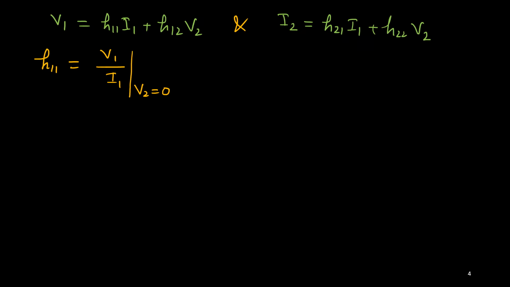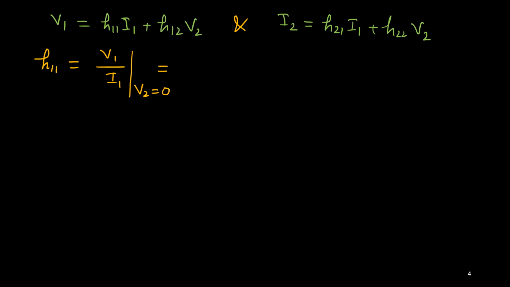Voltage 0 means short circuit. So this is a short circuit parameter. Keeping the output shorted, we find V1 upon I1, and voltage upon current is impedance.